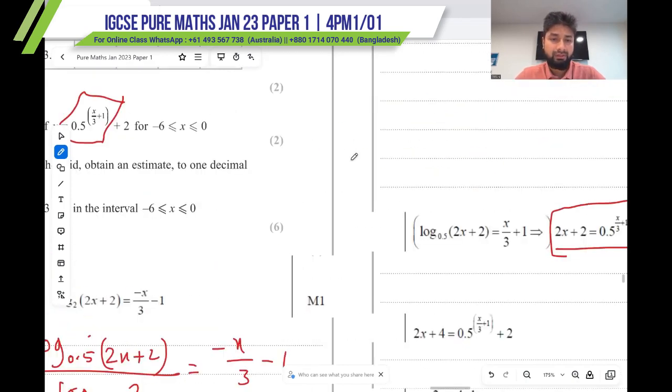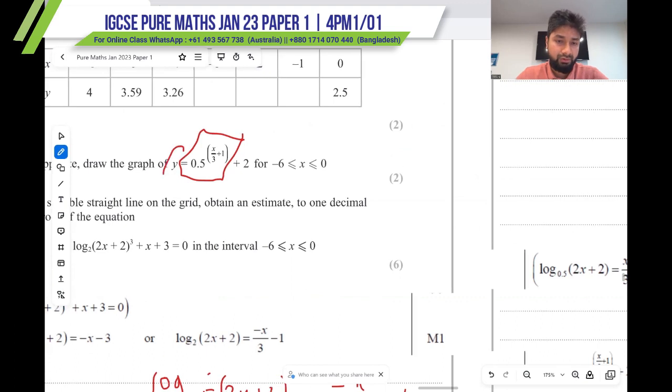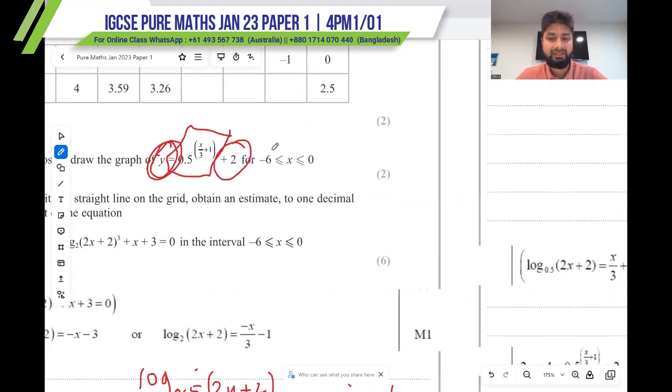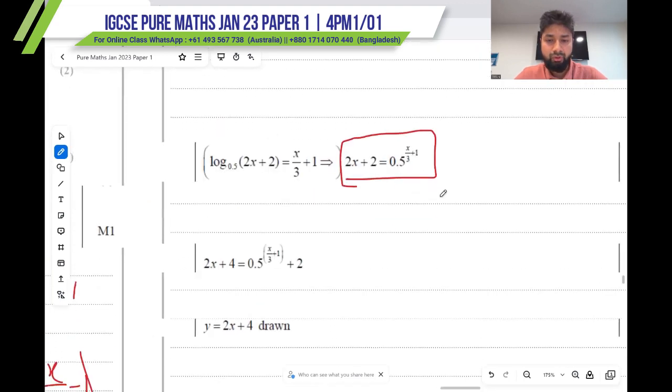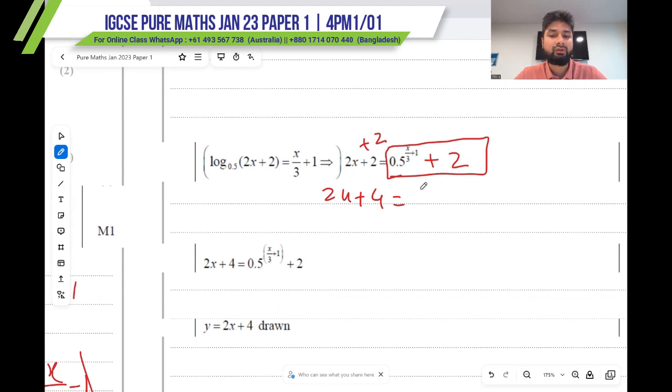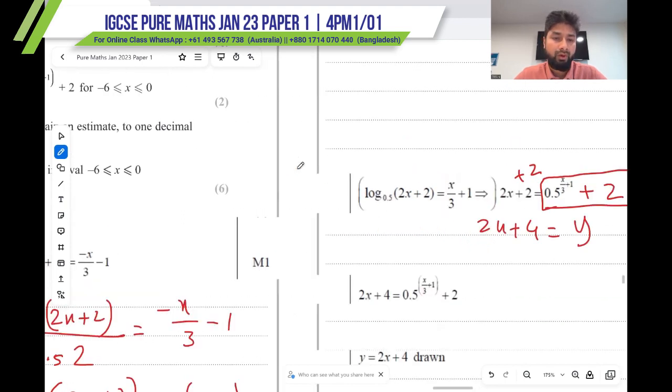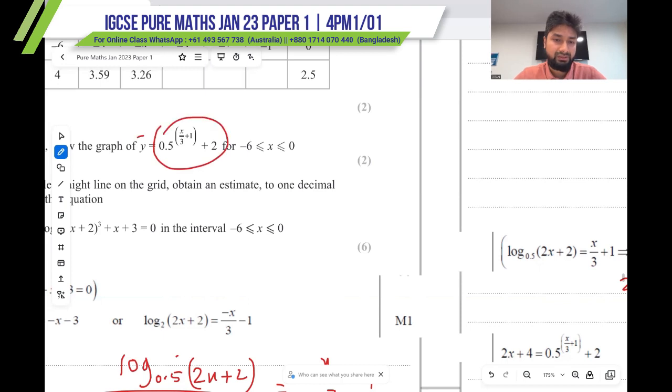But in the equation of y, to make it y, we have to add 2 more with it. If I add 2 more, I cannot just add it to one side. I have to add 2 to both sides. So 2x + 2 becomes 2x + 4, and instead of all of these, we can just write y, because all of these is equivalent to y as stated in the question.